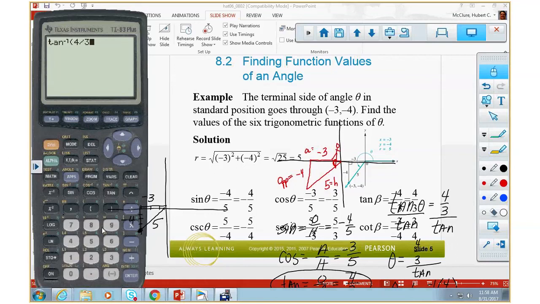And if it's in degree mode, now somebody tell me, well, you're already over 180 degrees. Yeah, it's not in degree mode. Clear, inverse, entry.